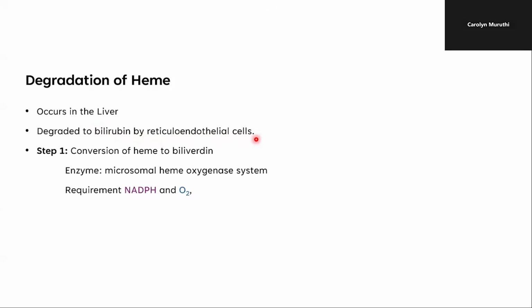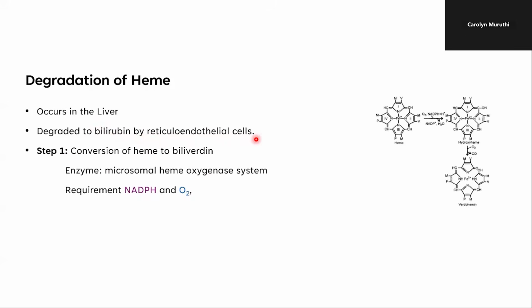The first step is the conversion of heme to biliverdin, and it occurs through a series of 2 steps. The enzyme that catalyzes this reaction is known as the microsomal heme oxygenase system. So the enzyme binds heme in the presence of NADPH and an oxygen molecule.